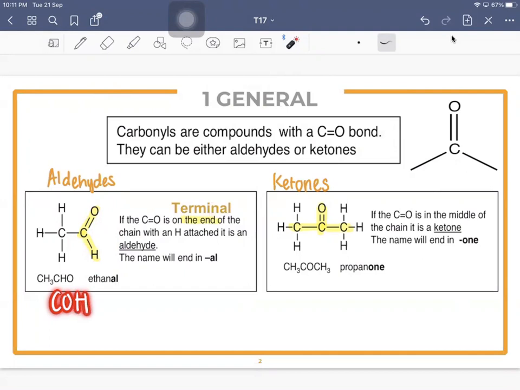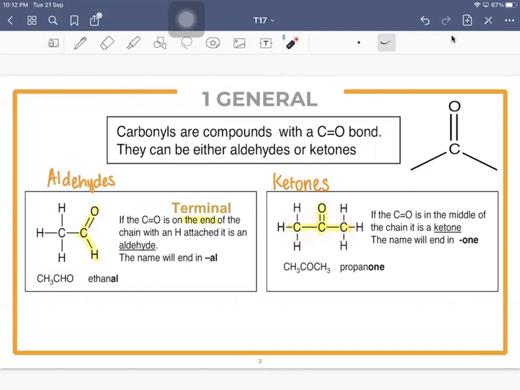Of course, it will not be the same because the number of hydrogens for aldehydes and alcohols would be different. This is an example of a structural formula for ethanal. As for ketones, the functional group is C double bond O attached to both carbon atoms.